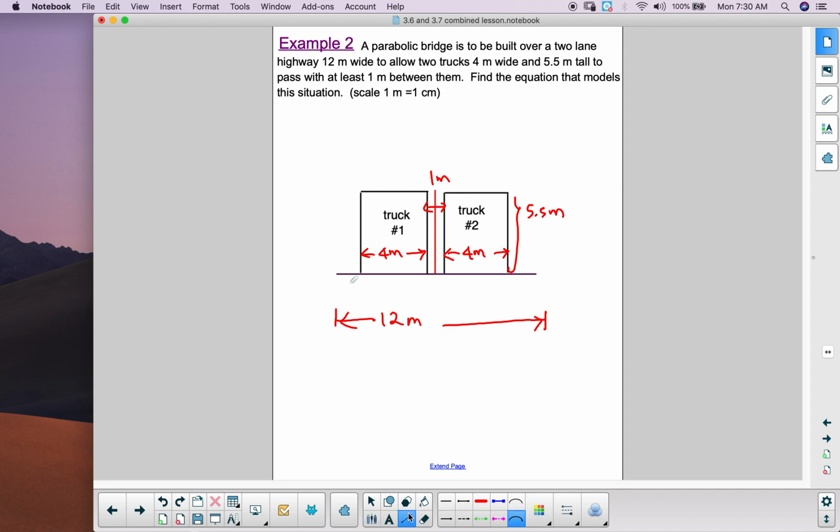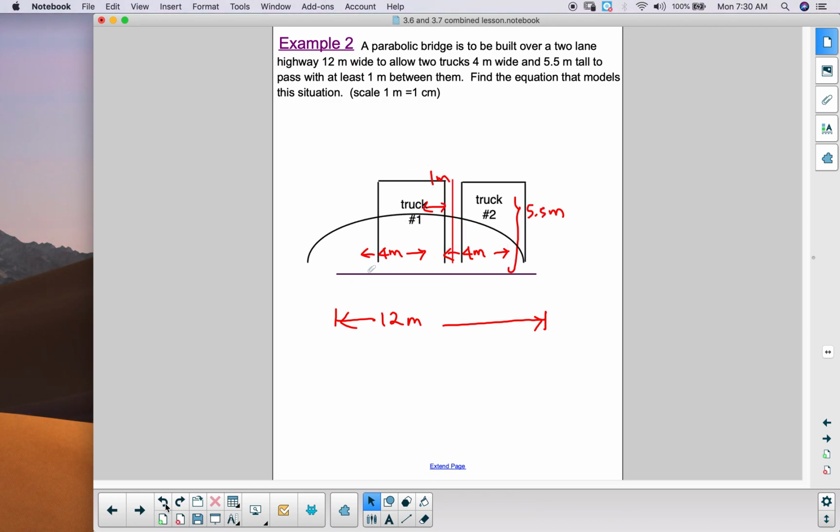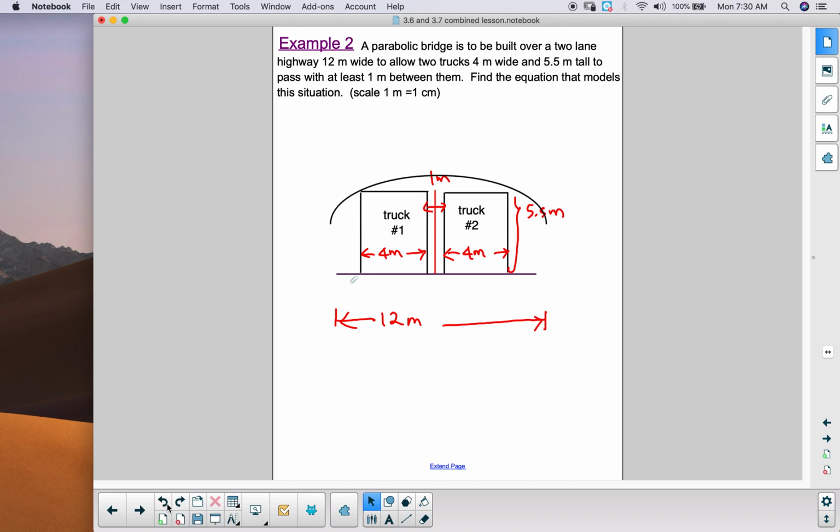So you're going to think of a parabola that goes, let's just make it different. Let's work with this parabola. Like it's going something like this. I'll draw it freehand.